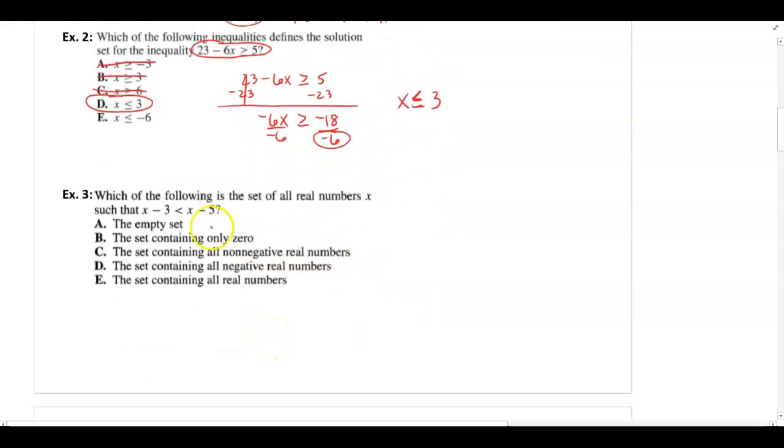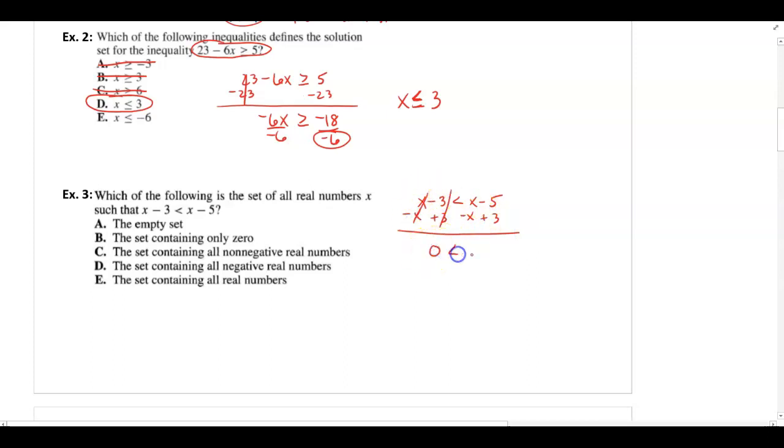Okay, next one. Which of the following is the set of all real numbers x such that x minus 3 is less than x minus 5? So we know we have to actually go and solve this. Look what happens. I subtract x, I add 3, and we get no more x's left. Those eliminate.